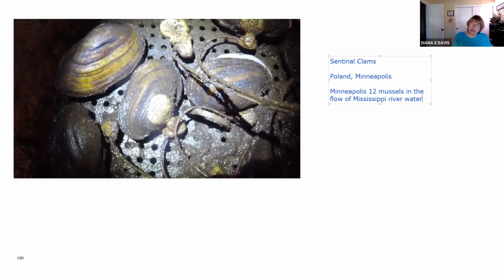So they bring the water in to the mussels' containers, and the water comes straight from the Mississippi. And they have these little sensors. You can see these wires here. These sensors detect if the mussels are open or closed.